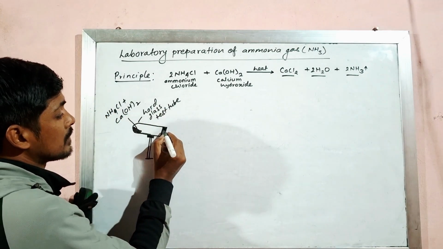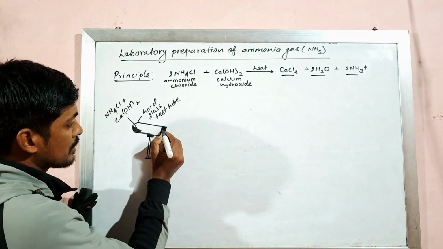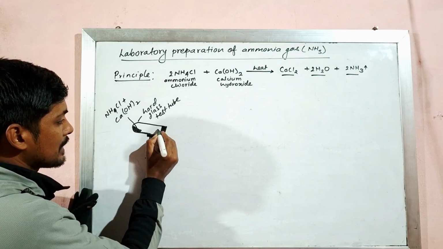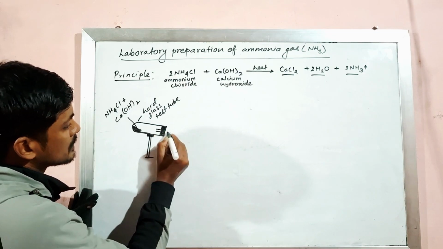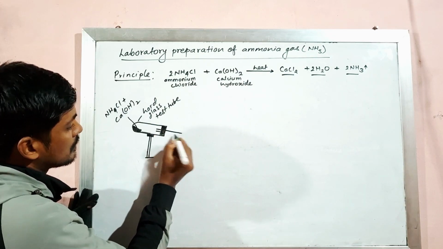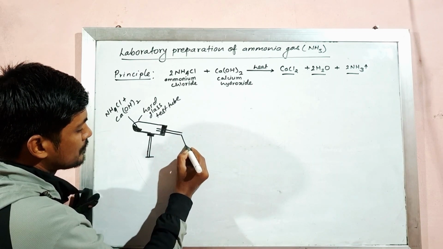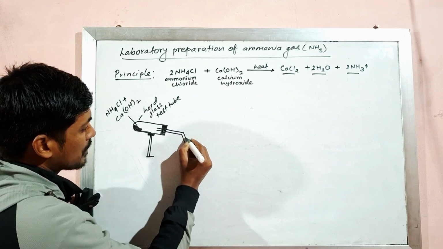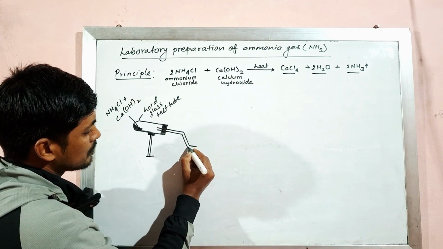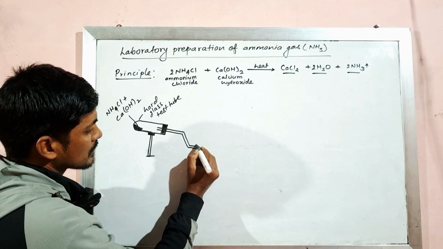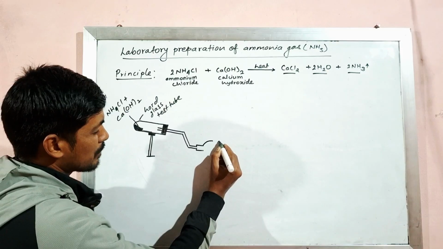After that, this hard glass test tube is fitted with a rubber cork and a delivery tube. This delivery tube is connected to a lime tower. Here this part is connected to the lime tower. This is the lime tower here.